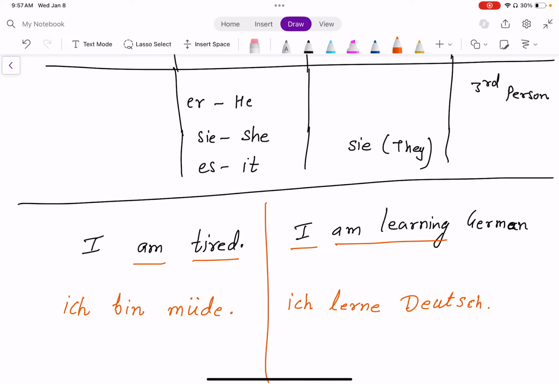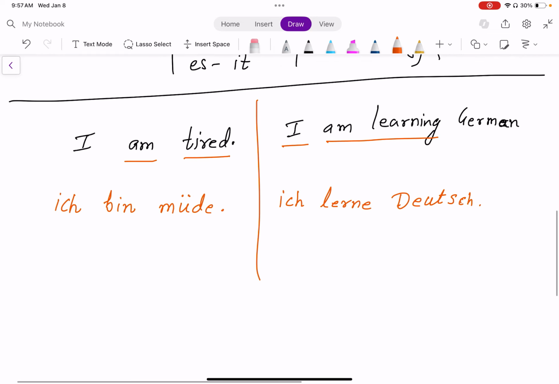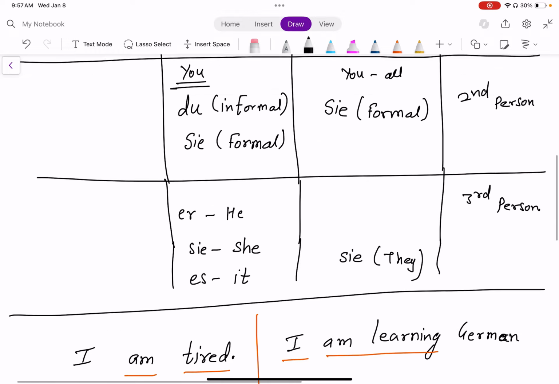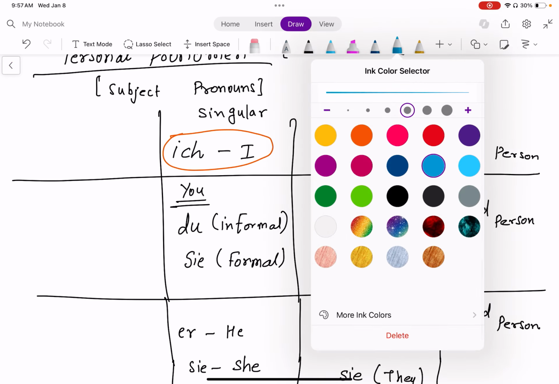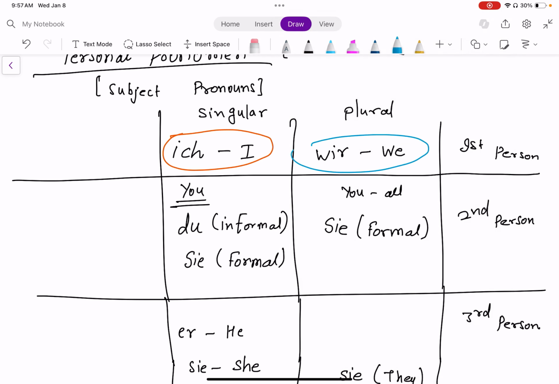The objective is to understand the subject pronoun in this video. For example, we want to say, we learn German. How will we write it? What is the subject pronoun for we? It is wir.